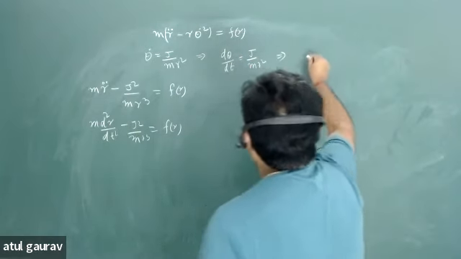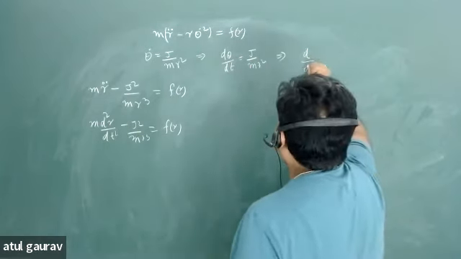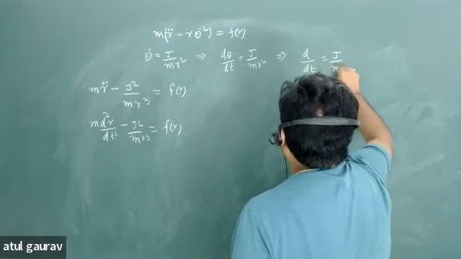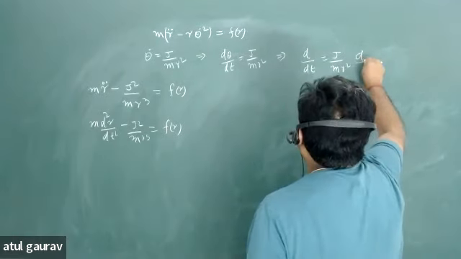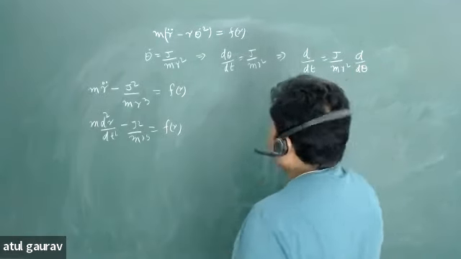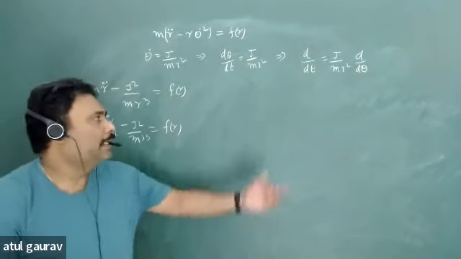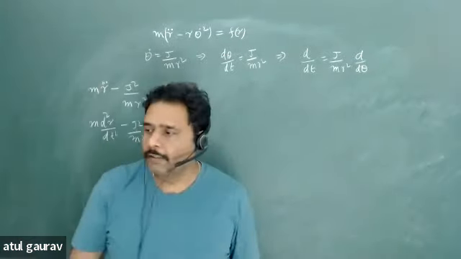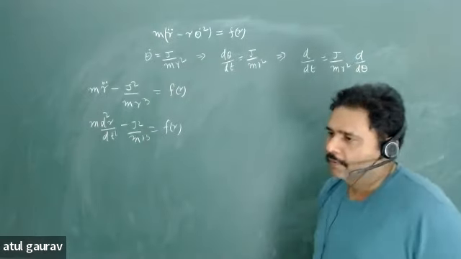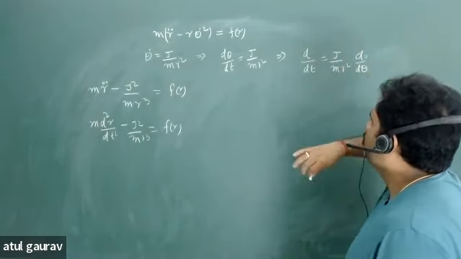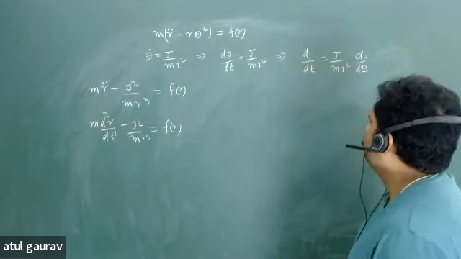So d upon dt is equal to j upon m r square d upon d theta. And this is nothing but something like an operator. So you can use it just like an operator. If I put r here, I have to put r here.